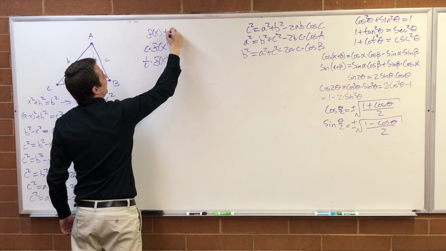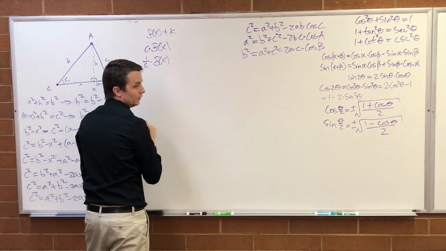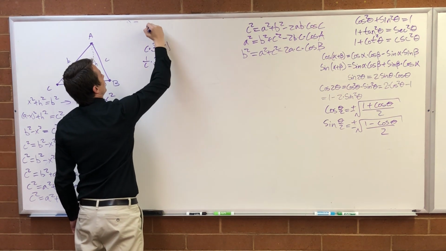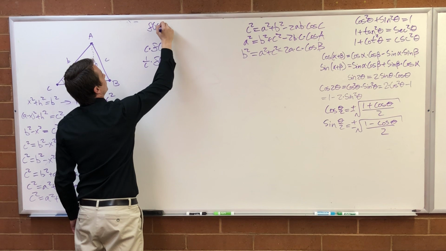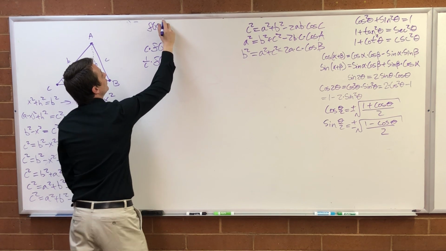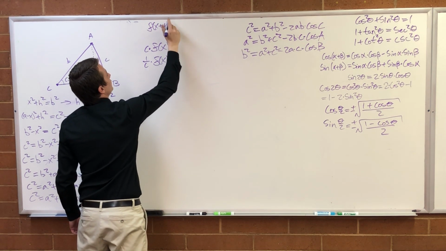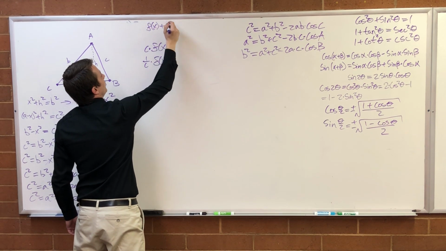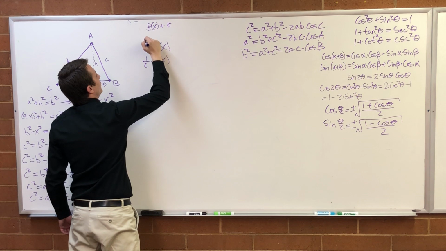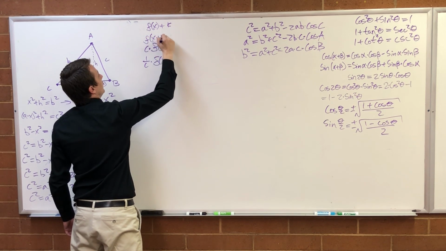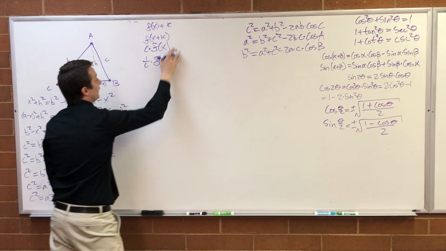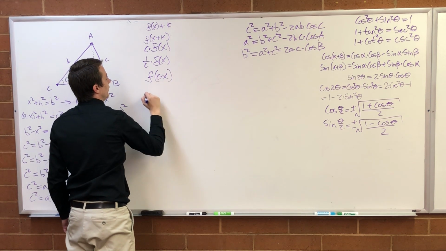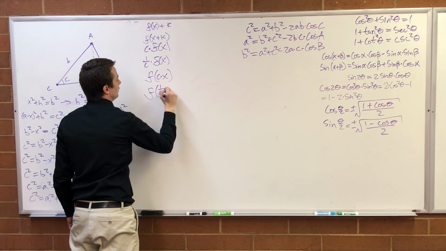First one was f of x plus some constant k. Then we had f of c times x. Then we had f of 1 over c times x.